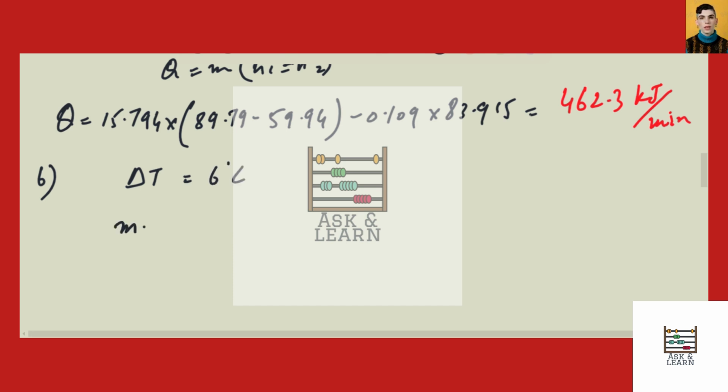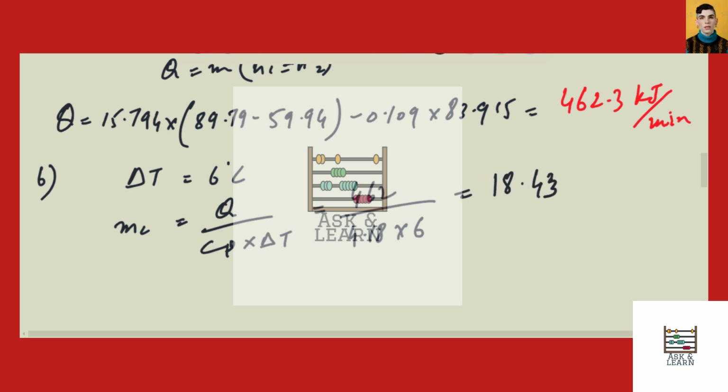So we have MC is equal to Q over Cp into delta T, and that is 462 divided by 4.18 multiplied by 6, and the answer is 18.43 kg per minute.